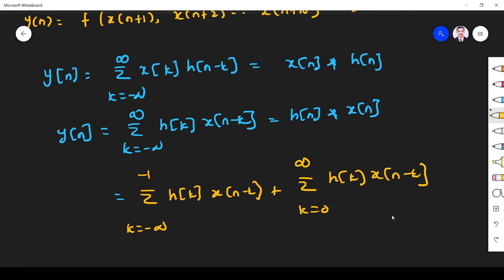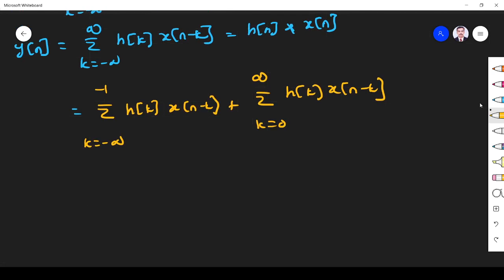Now suppose k is 0. Then y of n is h of 0 x of n. That is, y of n is a function of x of n. That is, present output is a function of present input. So it is causal.